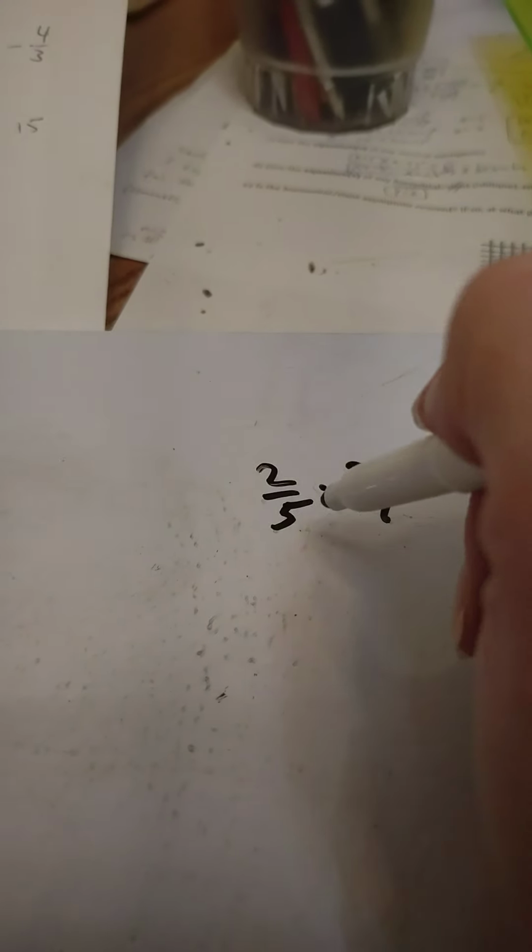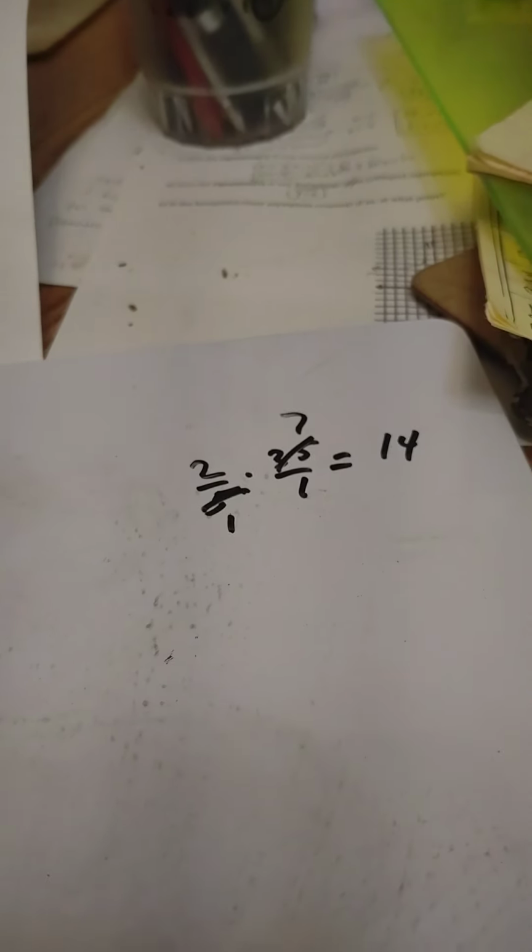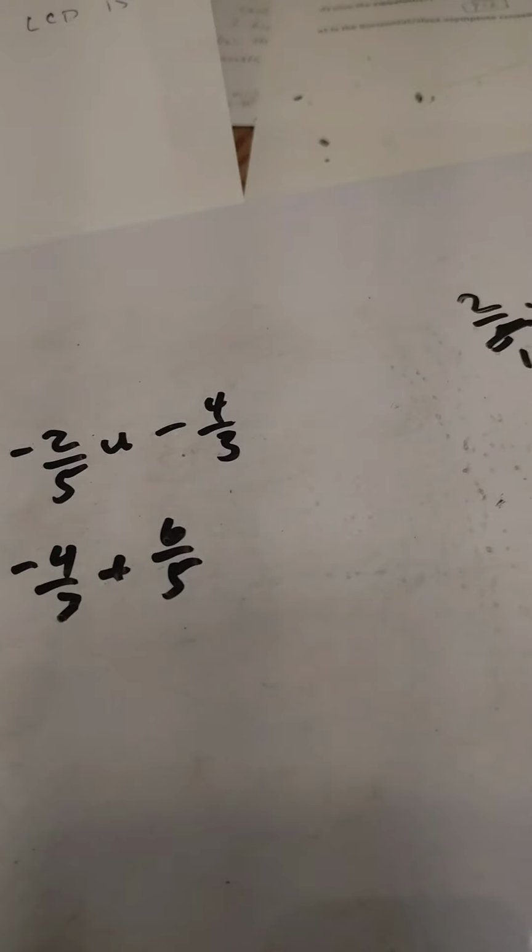I'll just show my side work here. Notice you can cross cancel when you multiply fractions. 5 goes into 5 once, 5 goes into 35 7 times. 7 times 2 is 14 over 1, which I don't need. So 2/5 times 35 is 14.